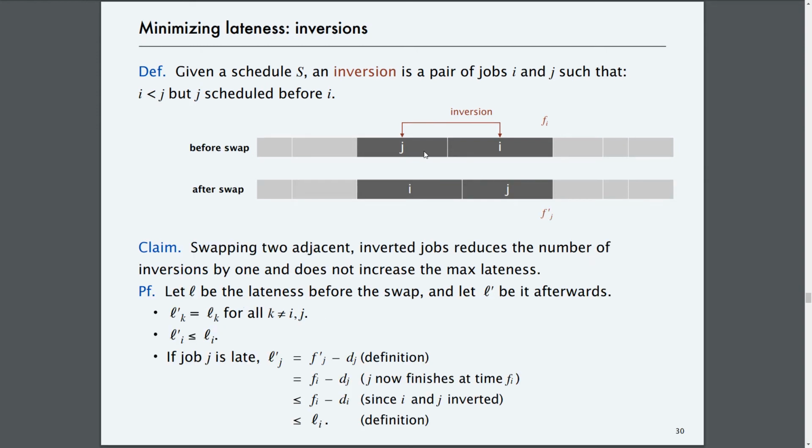If we swap these two, we claim that by reducing the number of these inversions by 1, we will not increase the max lateness. And remember that the deadlines here matter a lot. Deadline i is before deadline j.